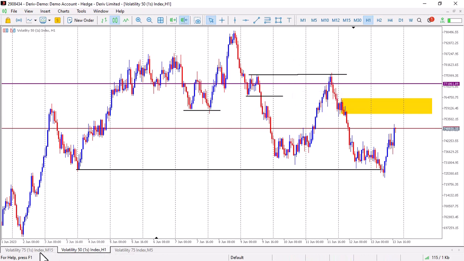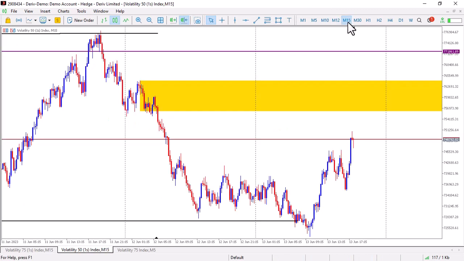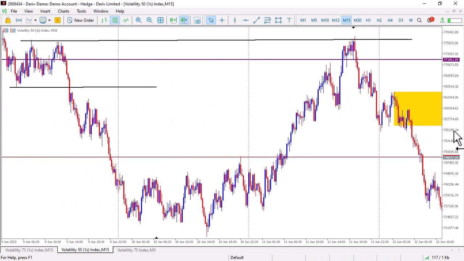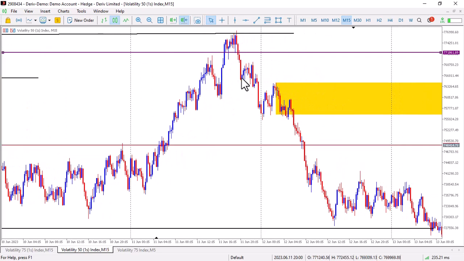So what we are going to do is, okay, we're on V51s. Let's go to M15. So we're going to be using the M15. Here I want to show you how I got this trade. What you have to know, guys, is that I didn't get this trade right at the top here where it retested this order block that is represented by this blue line, but I did take this trade the next day.